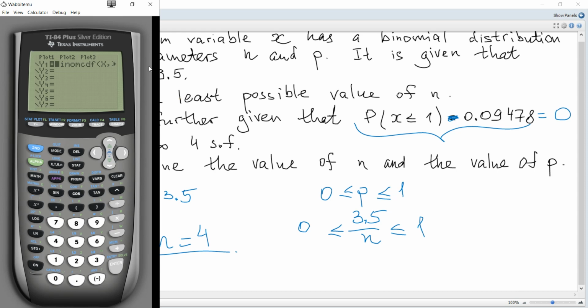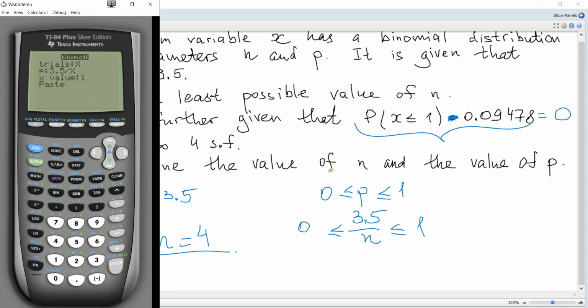And the probability that x is equal to one value is binomial PDF. So here we choose the second distribution and binomial CDF. Let x be the unknown parameter, which is n, the number of trials, so it will be x, and p, hence it's 3.5 divided by x.